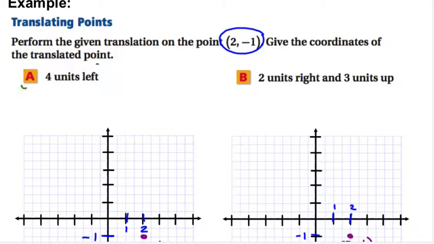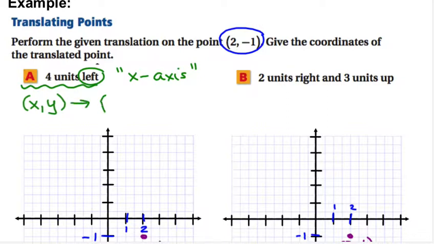So the first thing we want to do is take that coordinate and move it 4 units to the left. When we move something to the left, we're changing the values on the x-axis, the horizontal axis. So write this notation that I'm writing down now, x comma y. If we go to the left, we're subtracting from the x-axis.